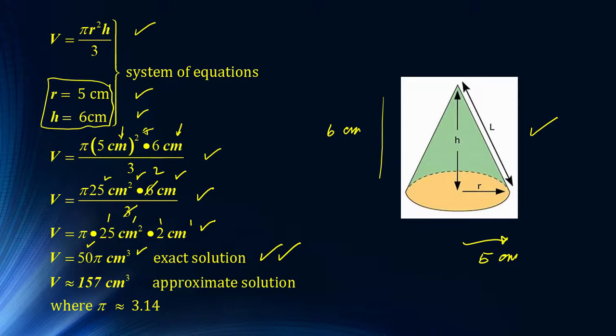We've used 3.14, and would multiply 50 times 3.14, and that gave me 157 cubic centimeters. Remember that for a volume, the units have to be cubed. For an area, it has to be squared.